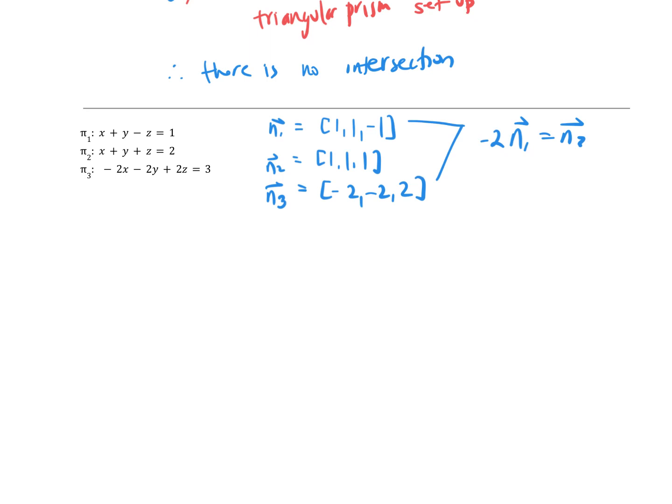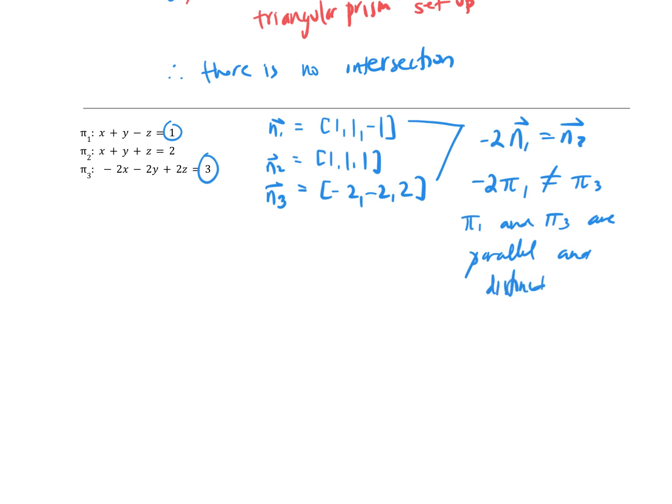And if I try to do that with the constants as well, so negative 2 times that first plane, I will not get the third plane. So plane 1 and plane 3 are parallel and distinct.